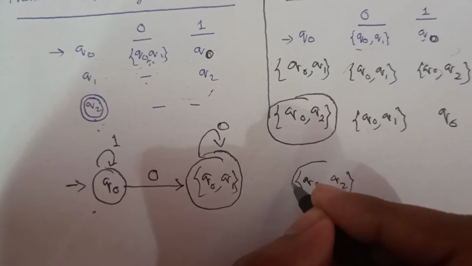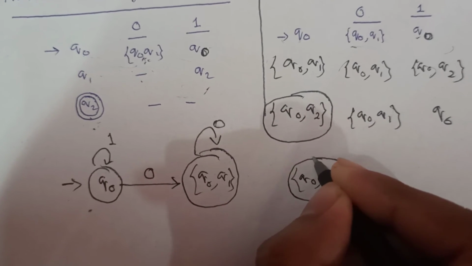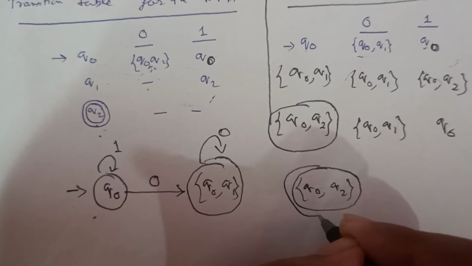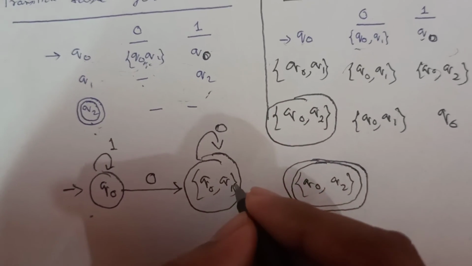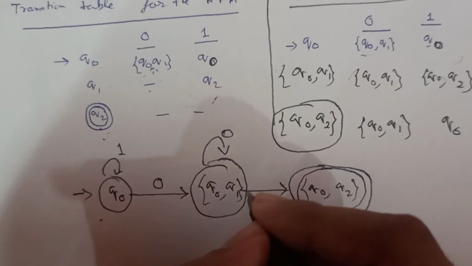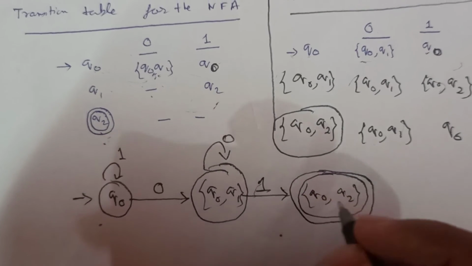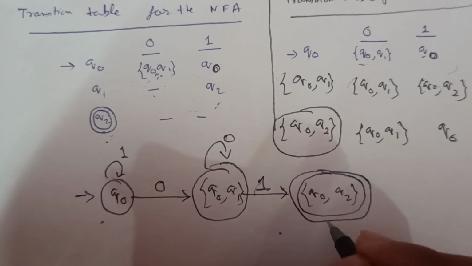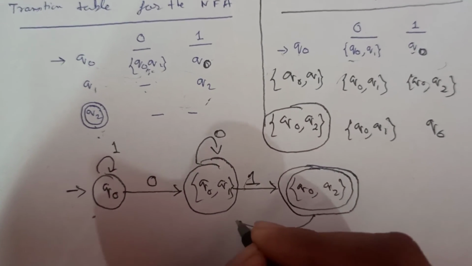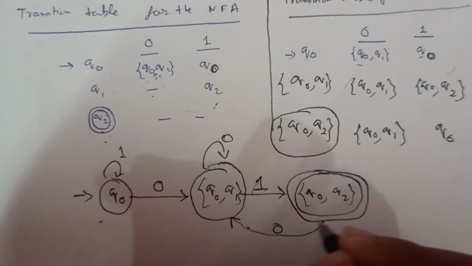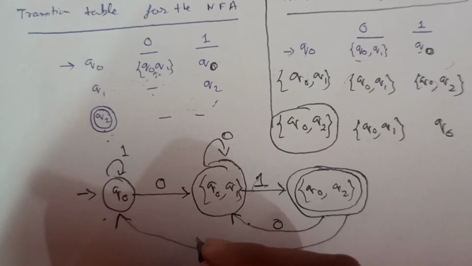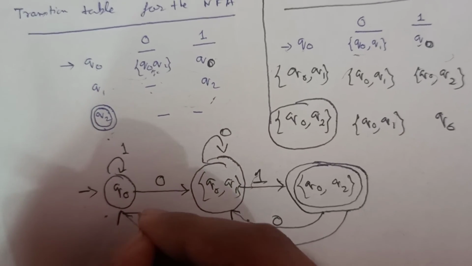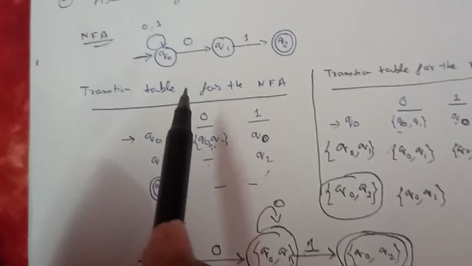Okay, and Q0 Q2 is the final state. So I'll just make Q0 Q2 the final state, and it will go to Q0 Q2 for input 1, and Q0 Q2 will go to Q0 Q1 for input 0, and Q0 for input 1. So this will be the DFA conversion of this NFA.